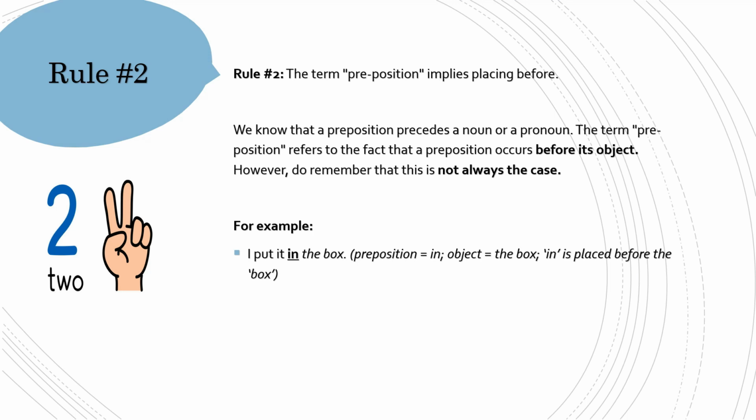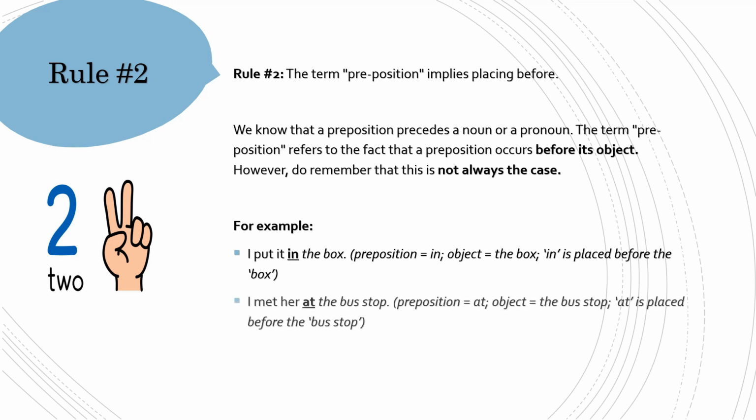Preposition is in, object is the box, in is placed before the box. I met her at the bus stop. Preposition is at, object is the bus stop, at is placed before the bus stop. Who did you talk to? Preposition is to, object is who, to is placed after who.